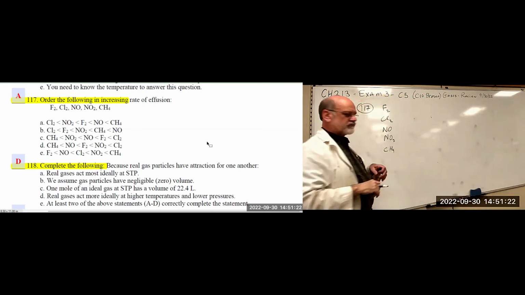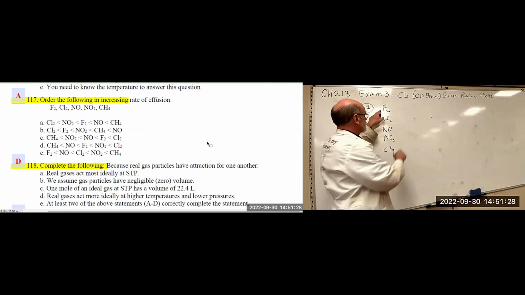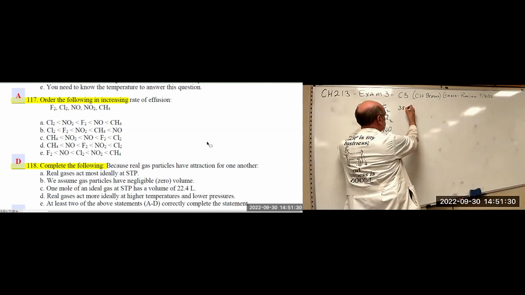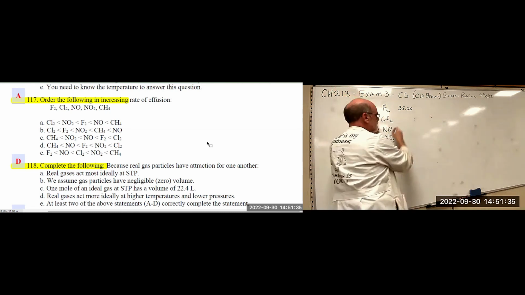So what's the factor that controls the rate of their effusion? Molar mass. So this one's going to be about 38, right? 19 each. This one's going to be 35, 45 would be 70, 70.9.